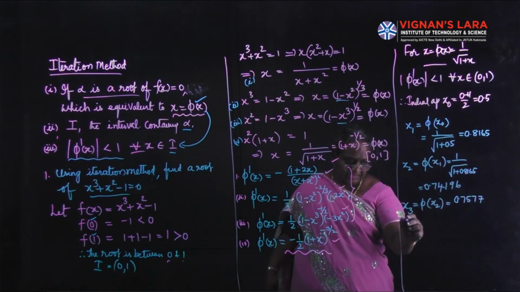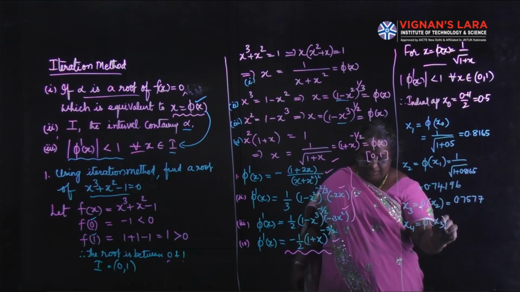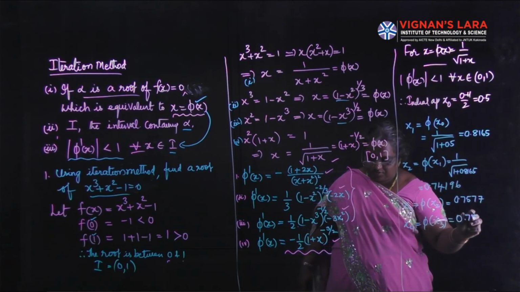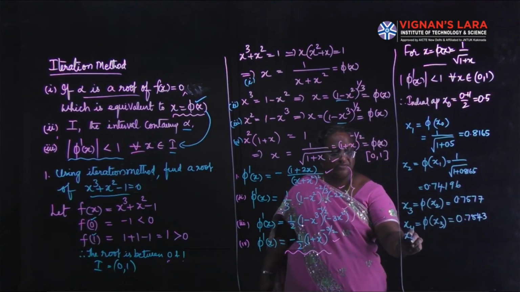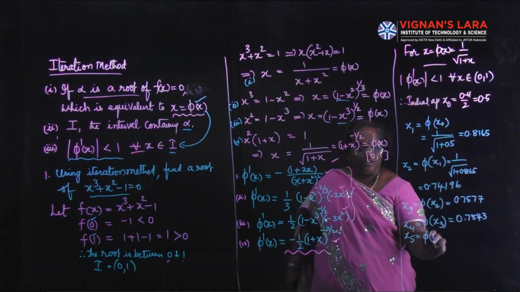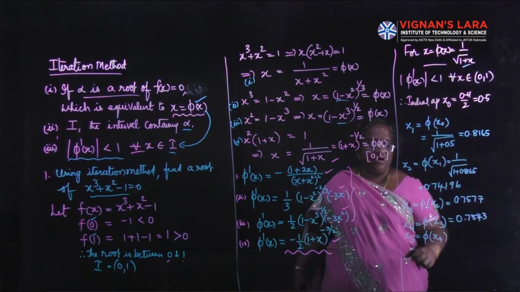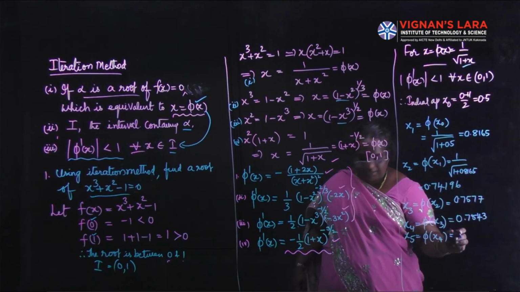Next, x4 is phi of x3. Its value will be 0.7543. Next, x5 is equal to phi of x4. We substitute all the x values in this function. So x5 is 0.755.